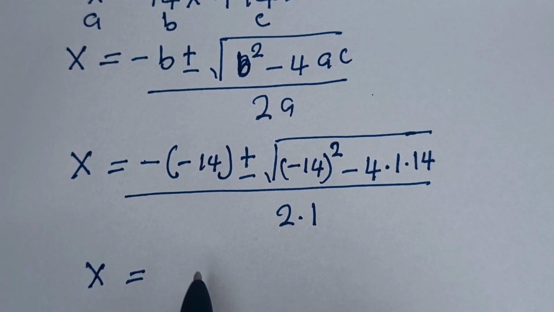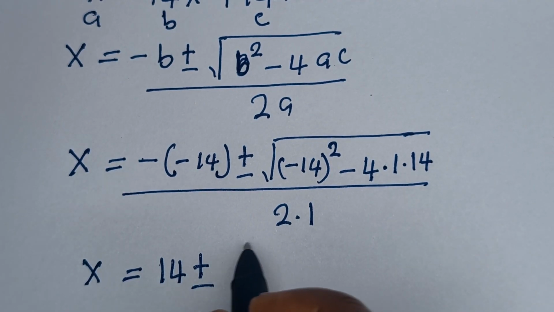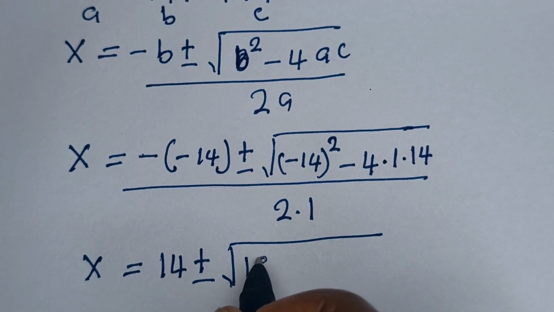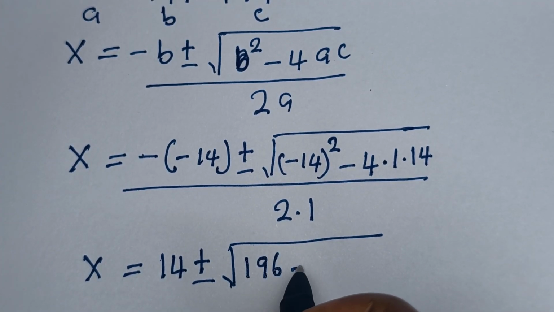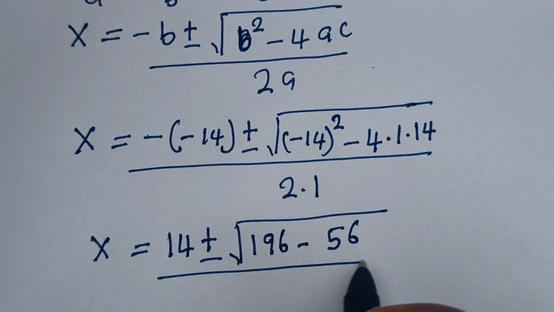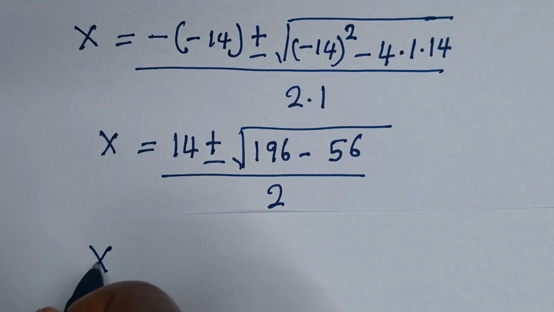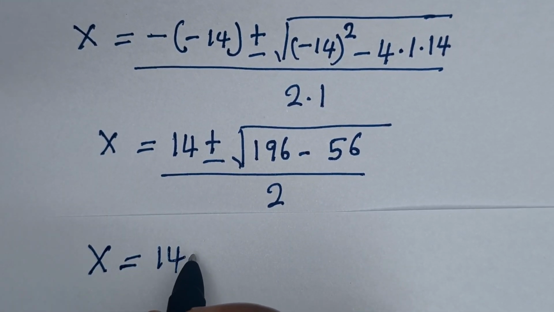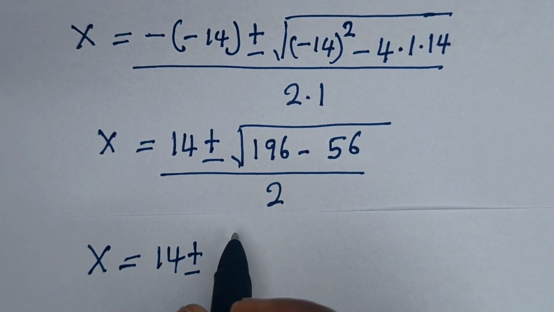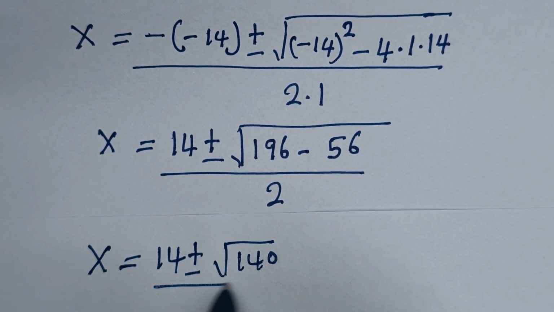x is equal to negative multiplied by negative 14, this is 14, plus or minus square root of negative 14 squared, that is 196, minus 4 multiplied by 1 multiplied by 14, that is 56, then over 2 multiplied by 1, 2. x is equal to 14 plus or minus square root of 196 minus 56, that is square root of 140, over 2.